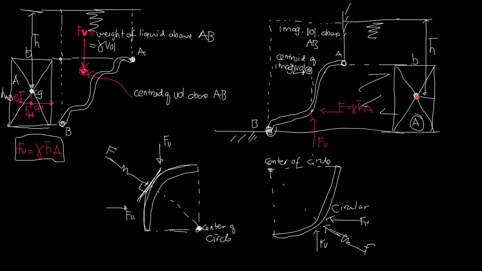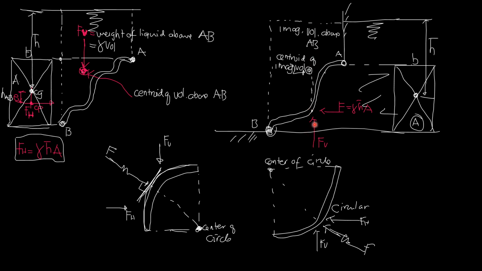Then FV, this time, because this is now the imaginary volume above AB, is upward. Of course, if this is our back, we experience that we are buoyed up or pushed upward. So therefore, FV is upward.